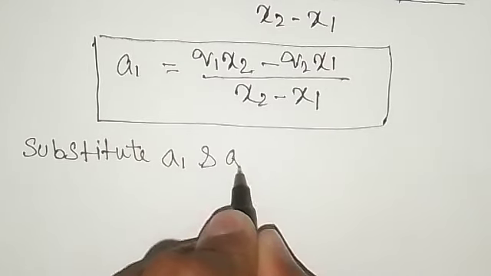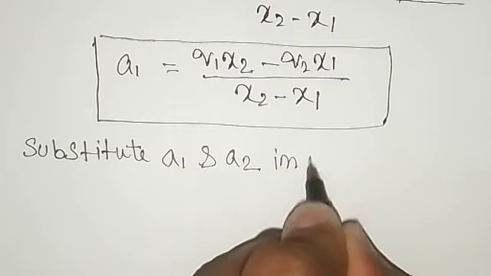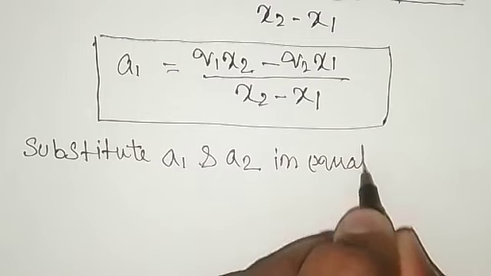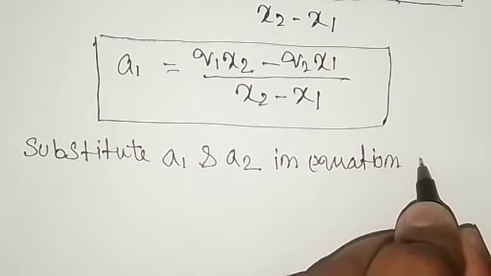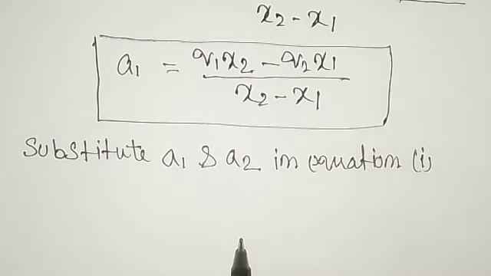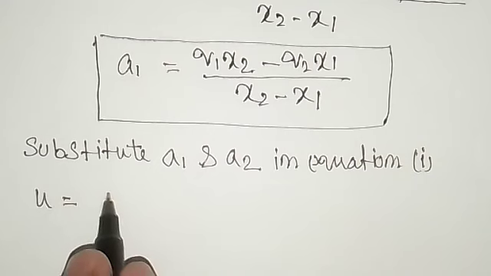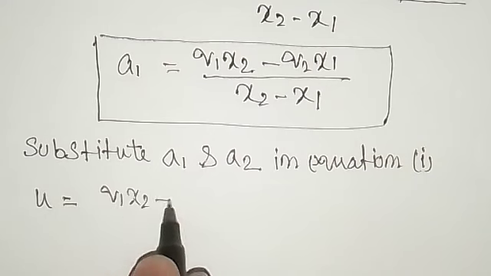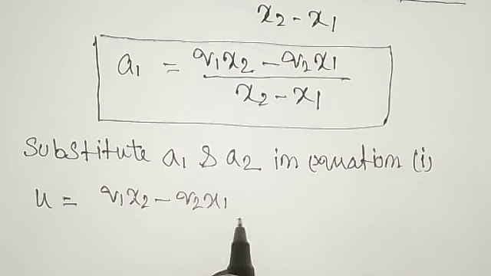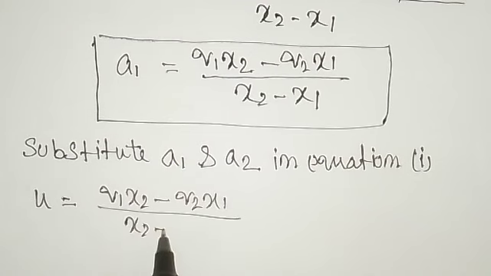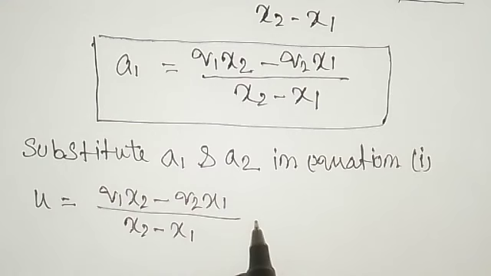So u is equal to a1 plus a2x, where a1 is q1 x2 minus q2 x1 upon x2 minus x1, and this is plus, right?